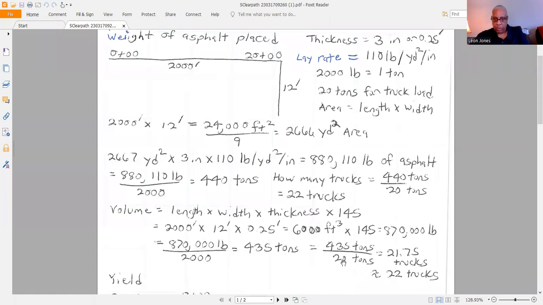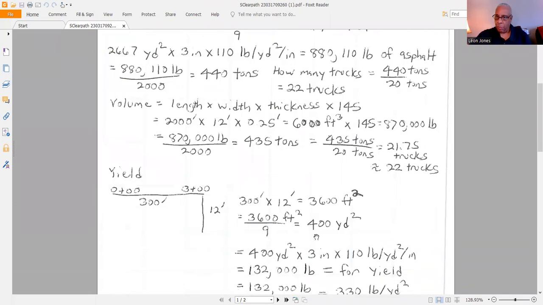And I came out with 21.75, which I rounded up to 22 trucks. So basically, when you use both methods, the area and the volume, you're going to come out to roughly the same number. That's how much weight in pounds and tons you're going to be placing of asphalt.